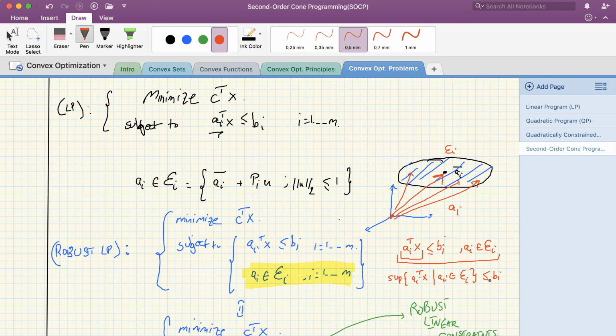We're picking the max, or more formally, the supremum of this quantity and upper bounding it by BI. This will guarantee that all my AI transpose X will be less than BI, right?